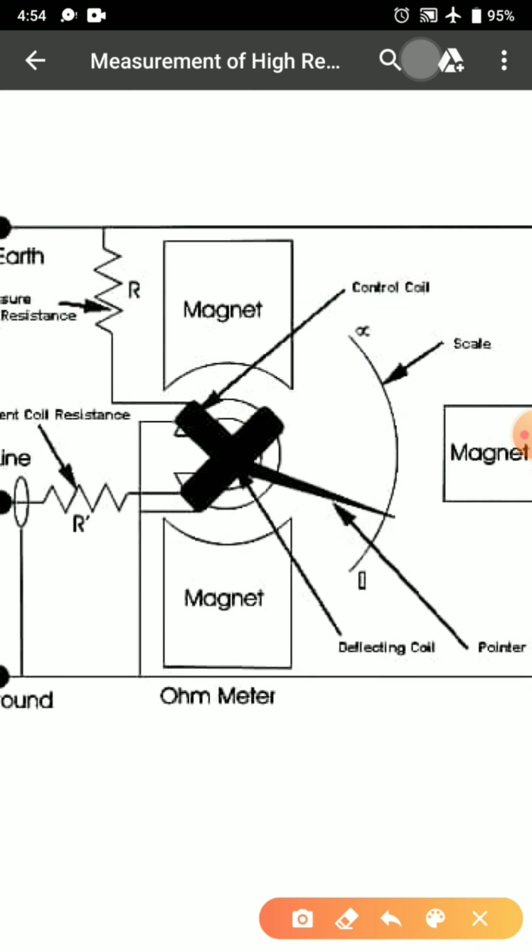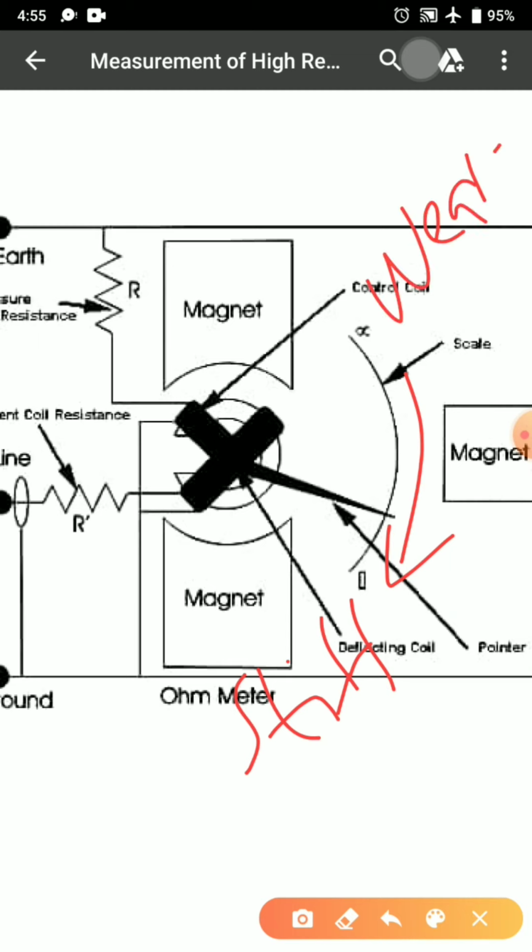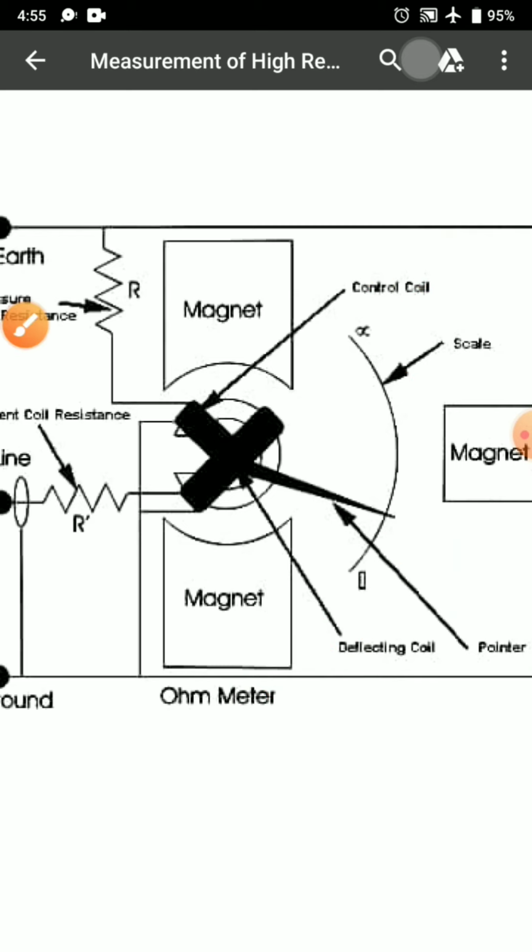It acts like a spring which is stiff near the 0 end of the scale, where the current in the current coil is very large, and it is weak near the infinity end of the scale, where the current in the current coil is very small. Now this was about the voltage coil.